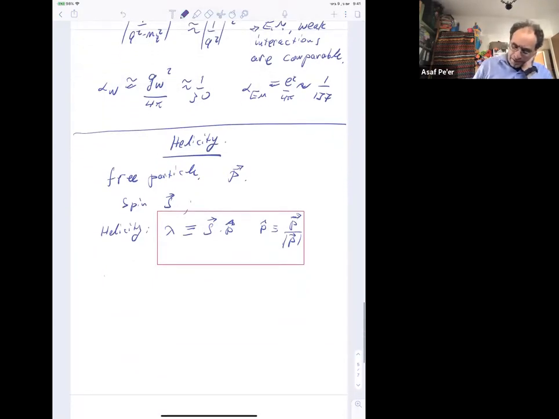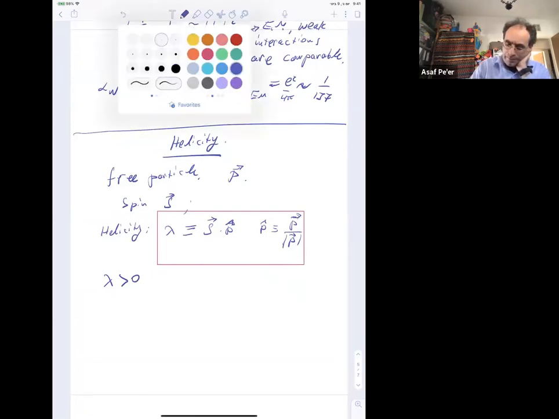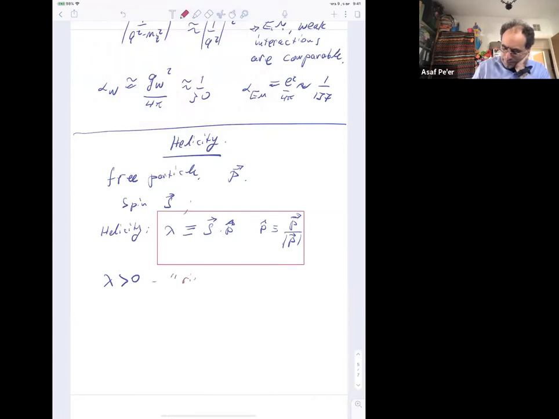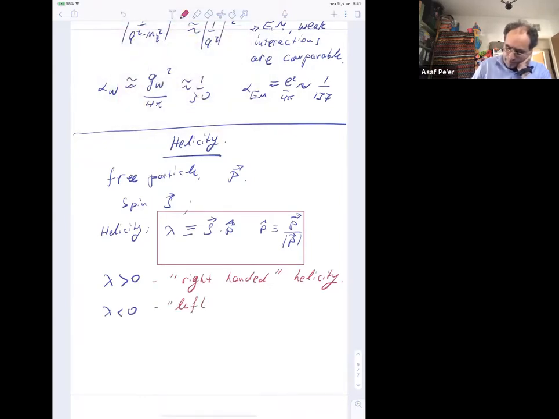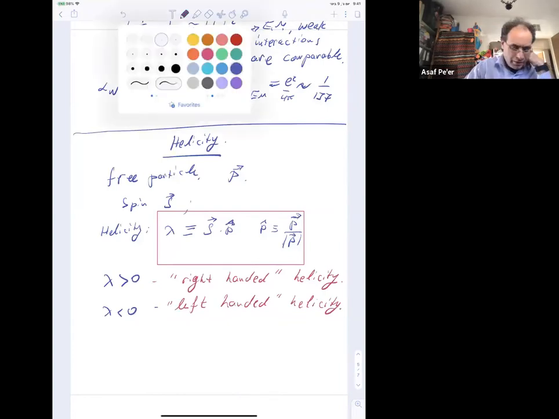Right? If lambda is greater than 0, then we say that the particle is right-handed. If lambda is smaller than 0, we say it is left-handed. Now remember not to confuse that with chirality.